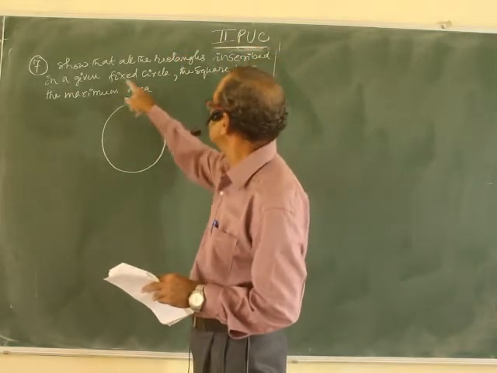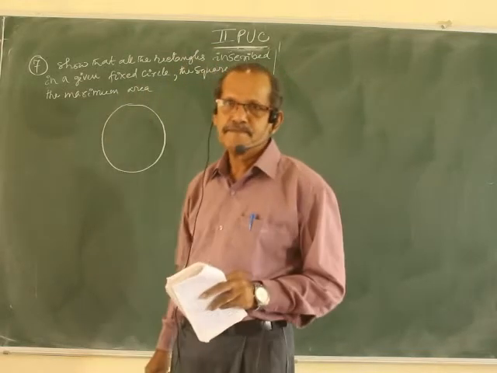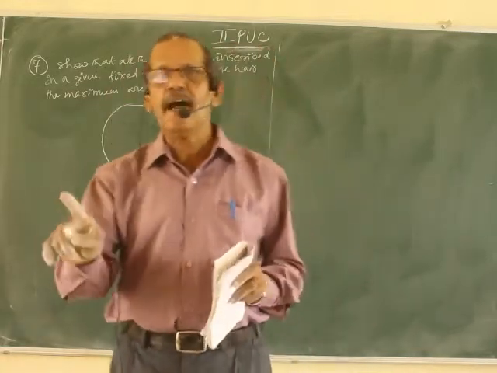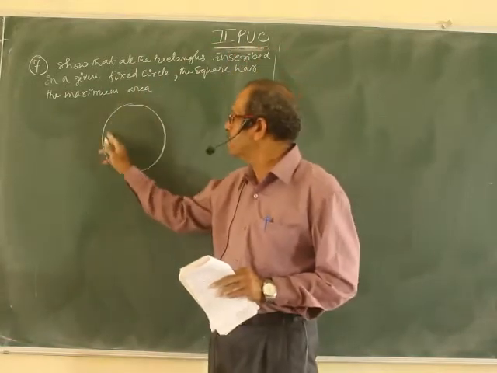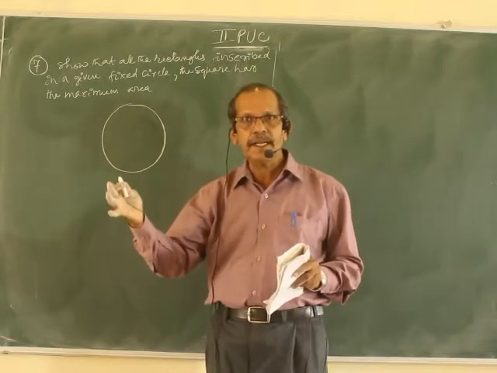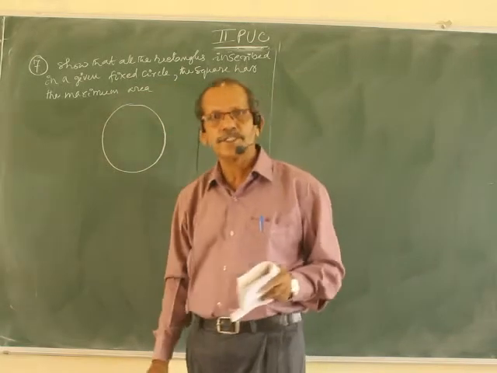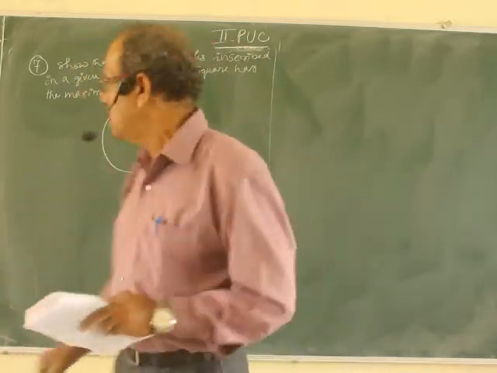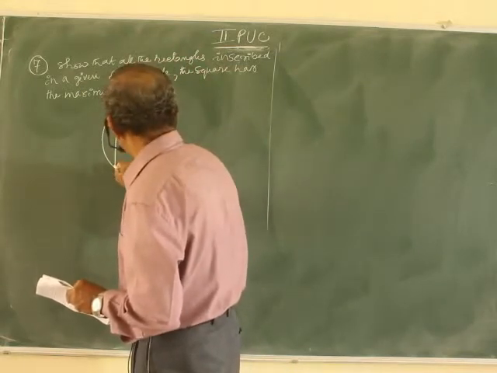With the maximum area, that rectangle is nothing but a square. Square only has the maximum area. Whatever type of rectangle you draw inside the circle, with the maximum area that you can draw, a rectangle will be a square only. Let me take R as the radius, and this is the rectangle.